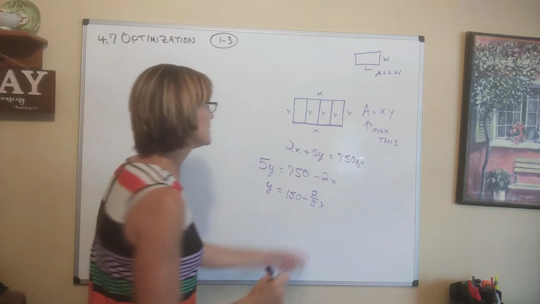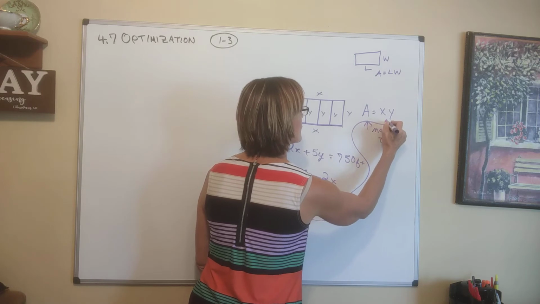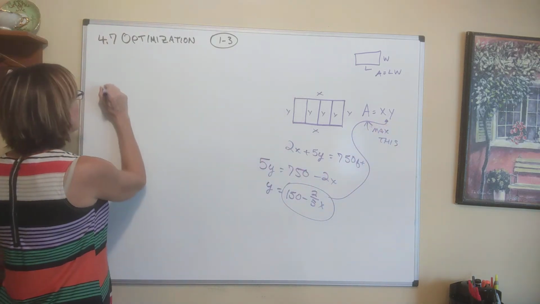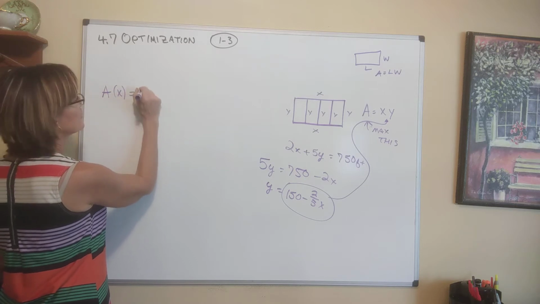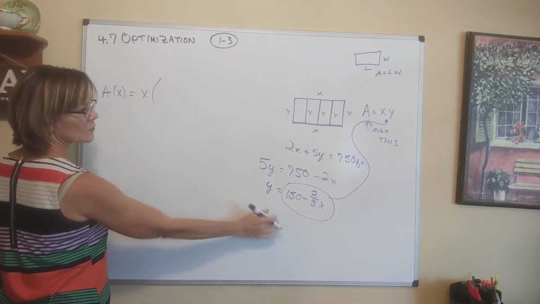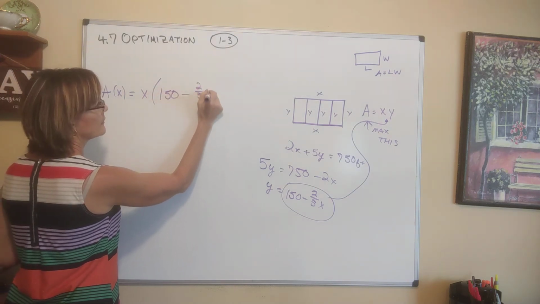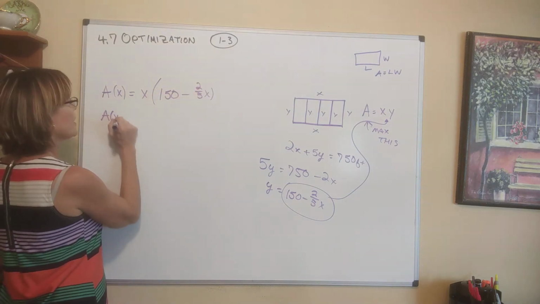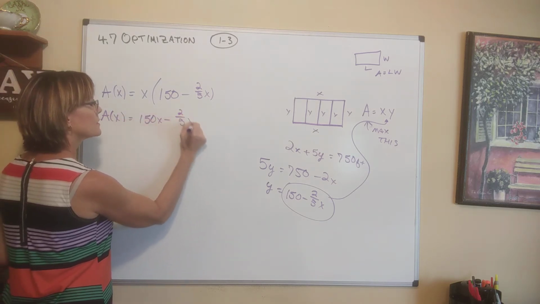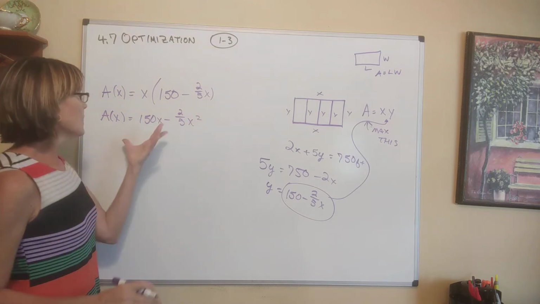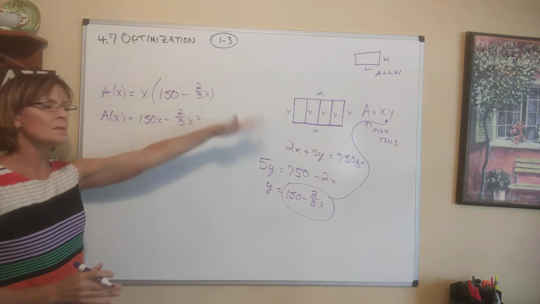Now I'm going to make this substitution in here for Y. So now A of X is going to equal X times Y, which is X times 150 minus 2 over 5X. So A of X is 150X minus 2/5 X squared. Okay, we want to find the values of X that would maximize this.